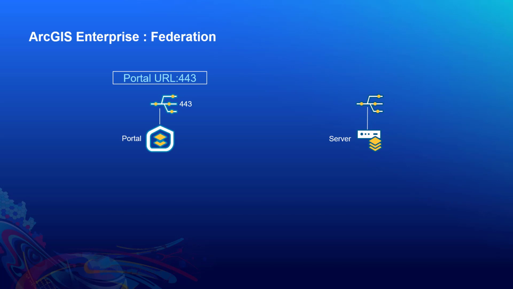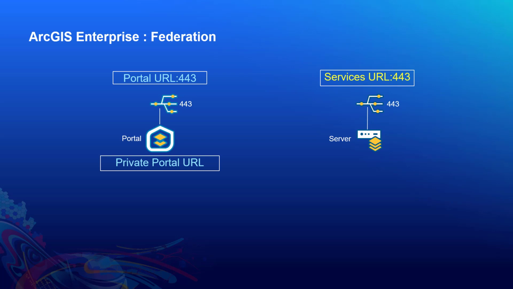Things like Survey123, Collector, any of those mobile applications or any desktop application are going to use the portal URL to connect to the deployment. Then you have the services URL. This is the URL that clients will use to consume any of the services within the deployment. Both of these are going to go through a standard port of 443.